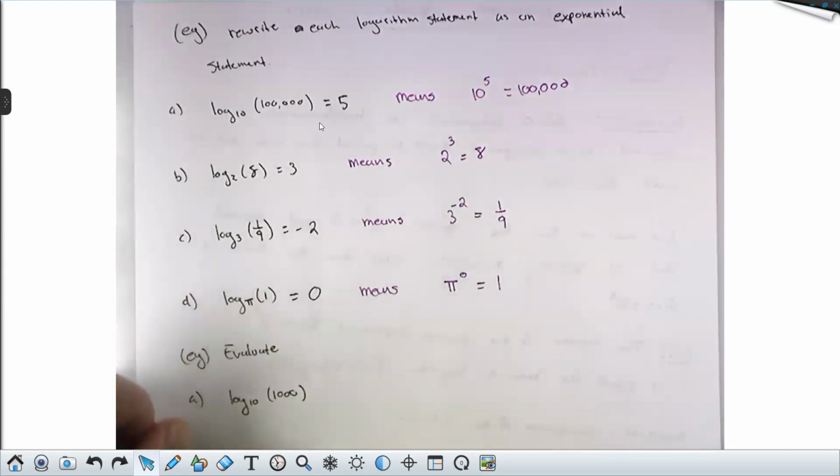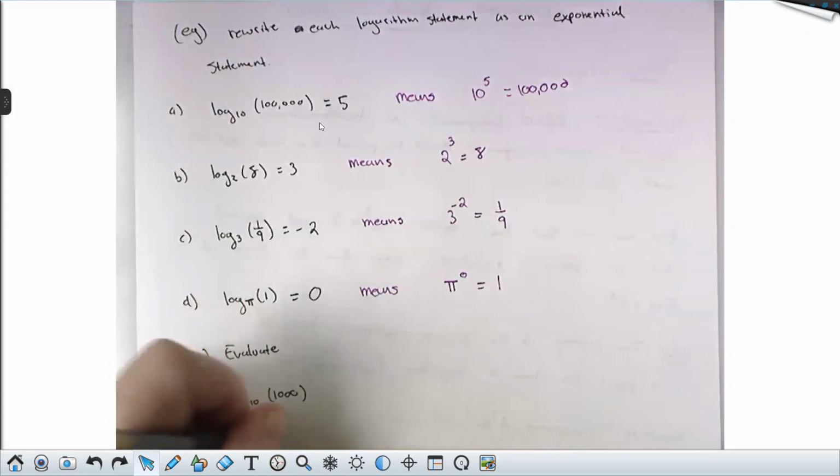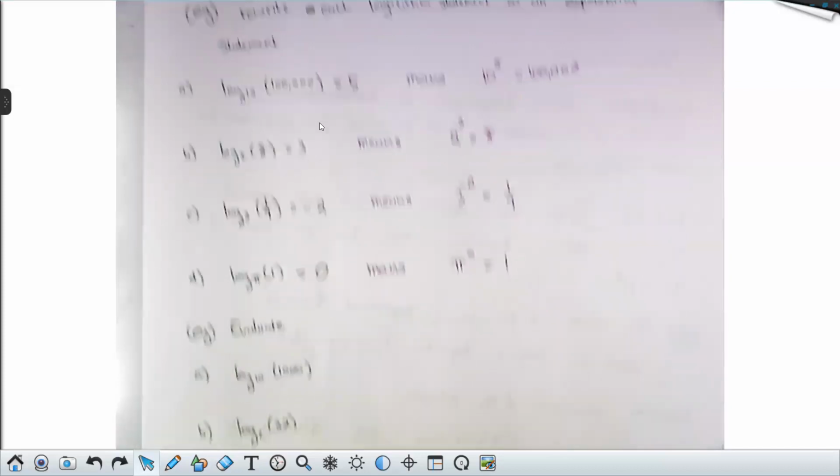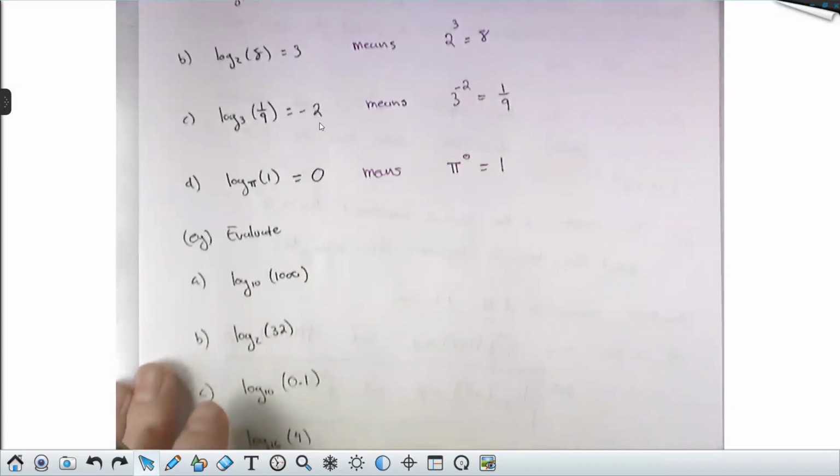I'm going to write a few others down here. We're also going to evaluate the base 2 log of 32. The base 10 log of 0.1. And the base 16 log of 4.